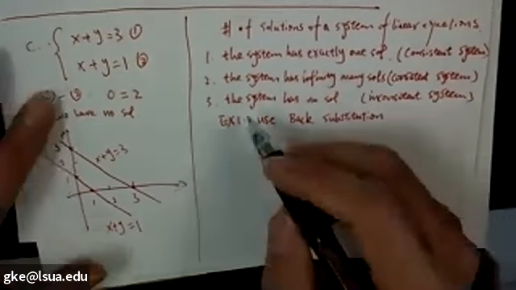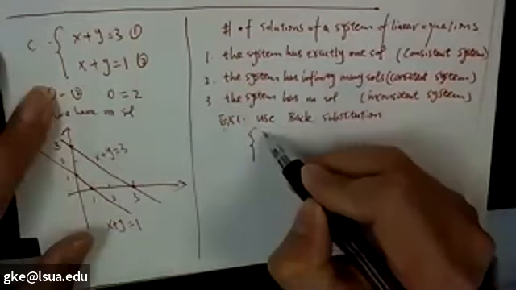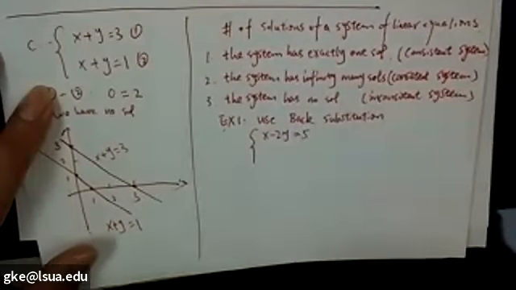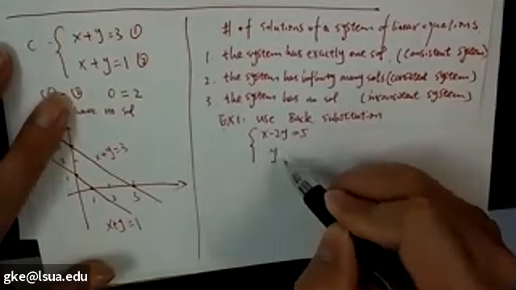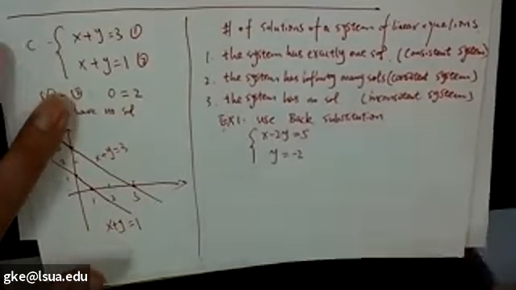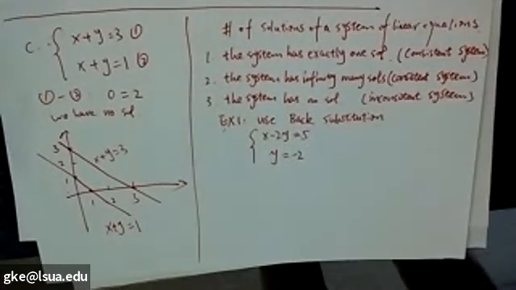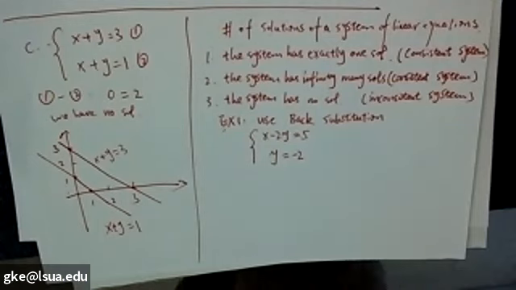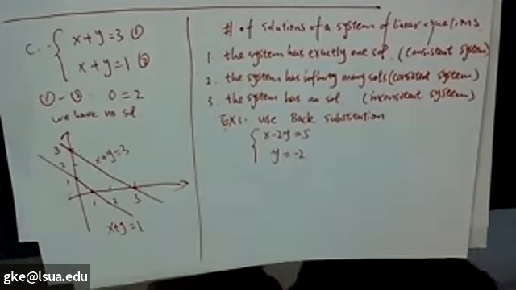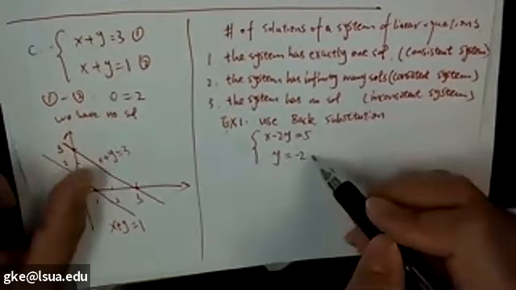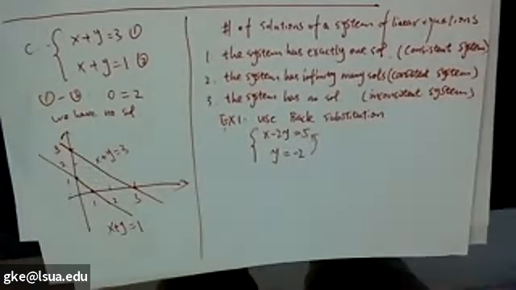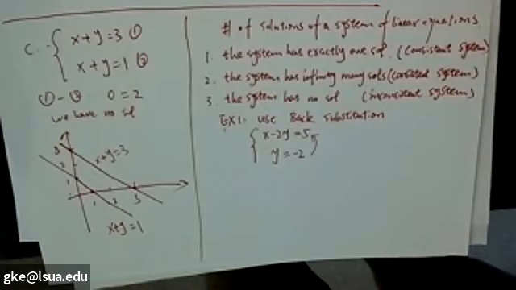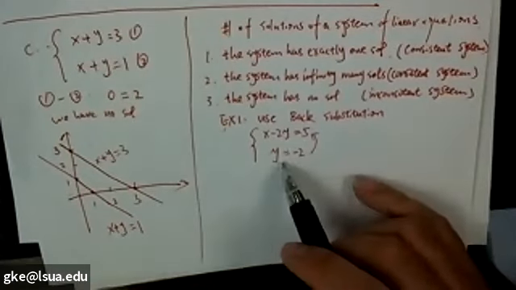The fourth example is x minus 2y equals 5, and y equals -2. If I give you this equation system, and we have y equals -2, that means we can do back substitution to get the solution x. We just need to plug this y in here.